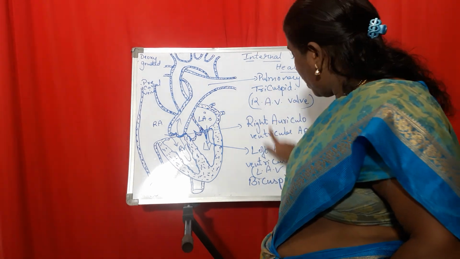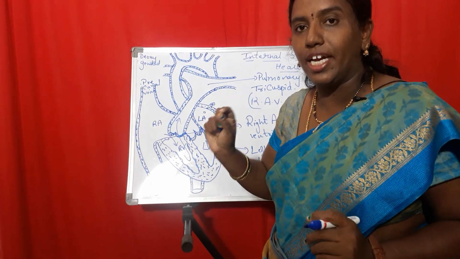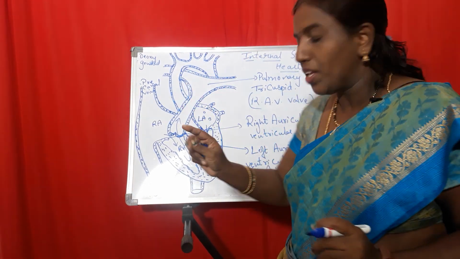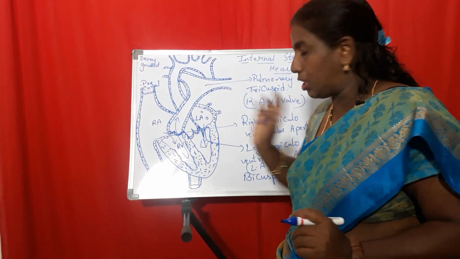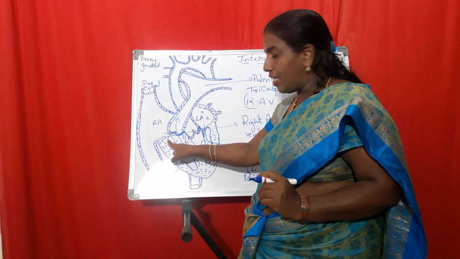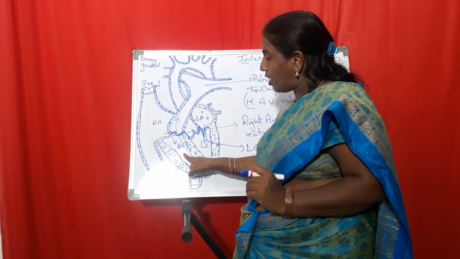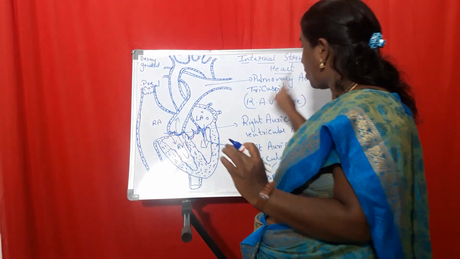What is here? Tricuspid and bicuspid. Tricuspid means it contains 3 cusps. Bicuspid means it contains 2 cusps. So on the right side of the heart, in between right auricle and right ventricle, there are 3 cusps. It is the tricuspid valve.